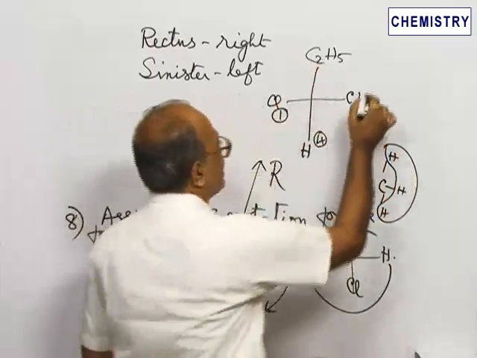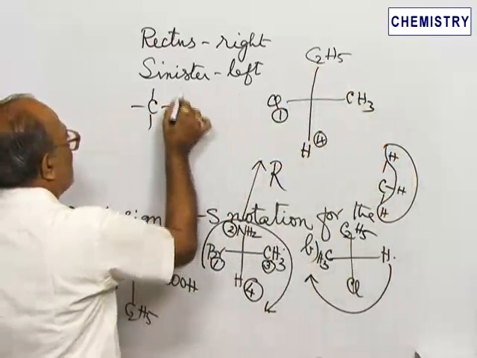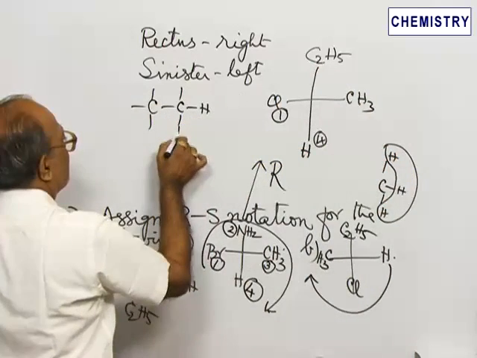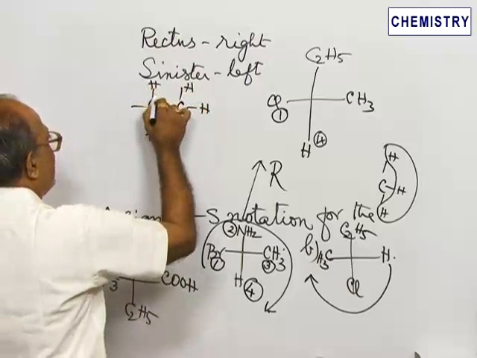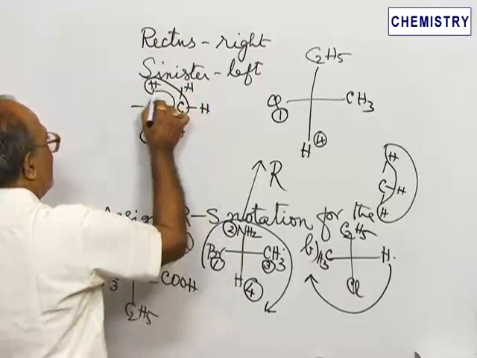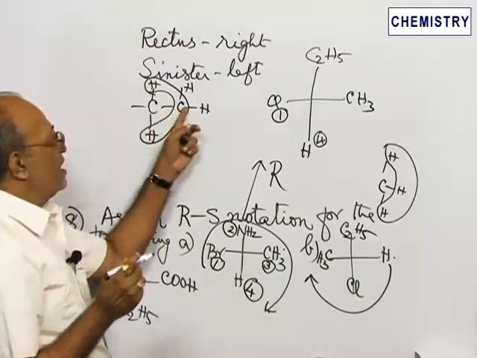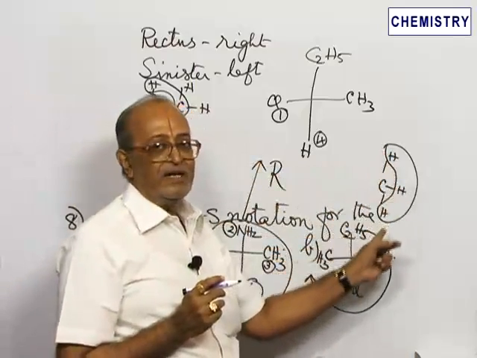But consider this, it is CH2, CH3. That means the second atoms will be 2 hydrogens and 1 carbon. But here all the 3 are hydrogens.